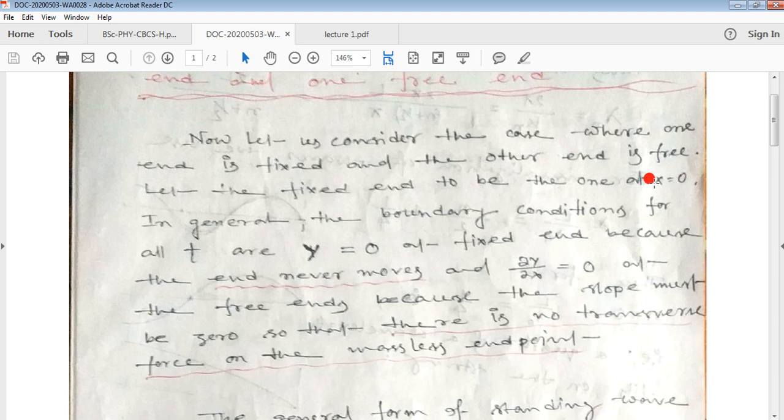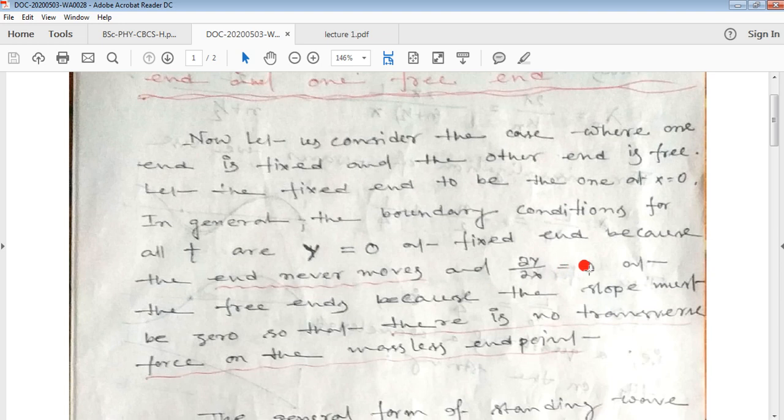So in this case the general boundary conditions are: firstly, y equal to 0 at the fixed end, that is at x equal to 0, y is always 0 for all values of time, and this is because this end can never move as it is fixed, so the displacement is always 0. And the second general boundary condition is del y del x equal to 0 at the free end, that is at x equal to L, del y del x will always be 0 for all times.